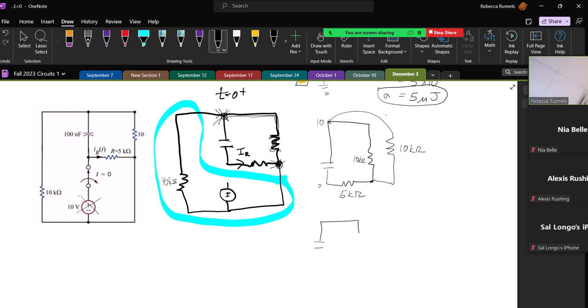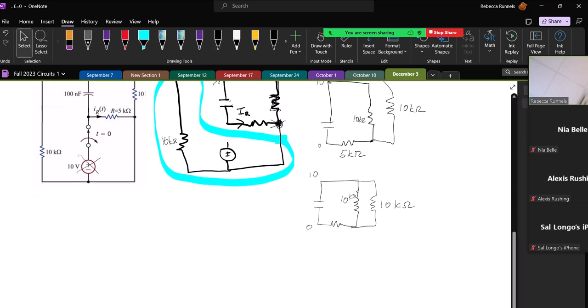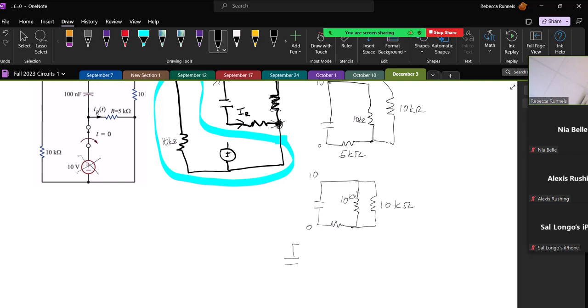So I have essentially this 10 kiloohms, 10 kiloohms, and this was at 10, this was at 0. This 10 kiloohms and 10 kiloohms in parallel would be equivalent to one 5 kiloohm resistor.